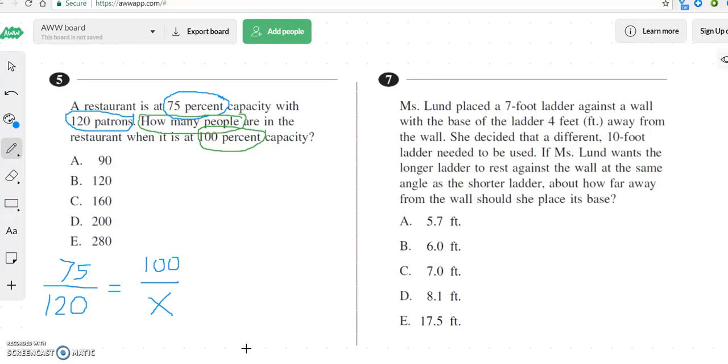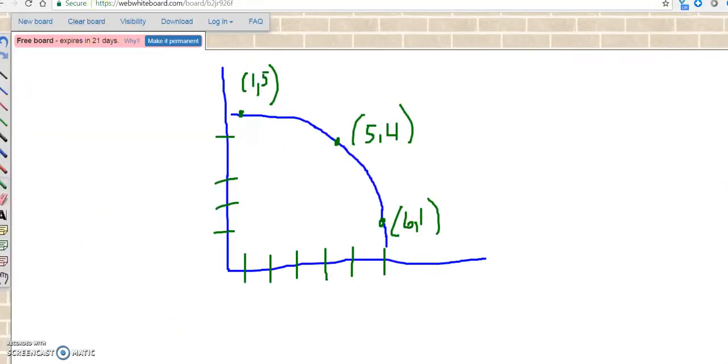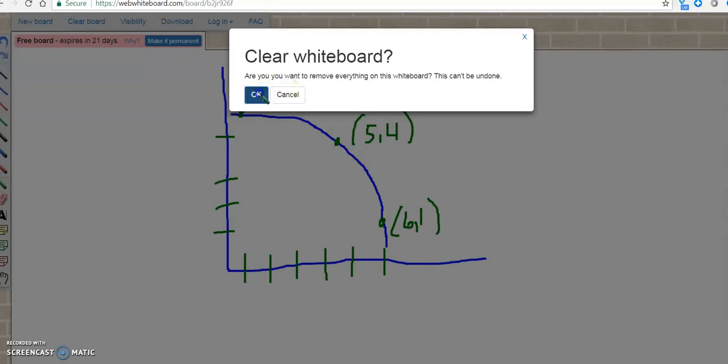Now the way that this is going to work is going to be a little bit strange to a lot of people, but what we're going to do is solve it as if we're solving for x, so we're going to have to move some things around, okay? Whenever you're moving things around, let me clear my board.